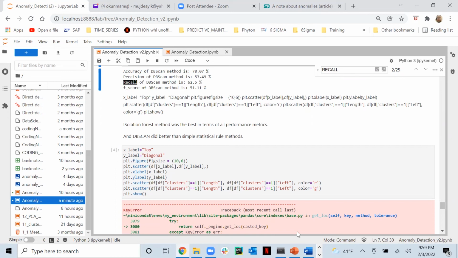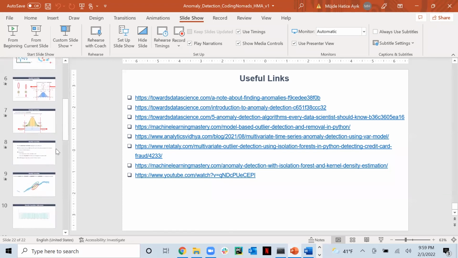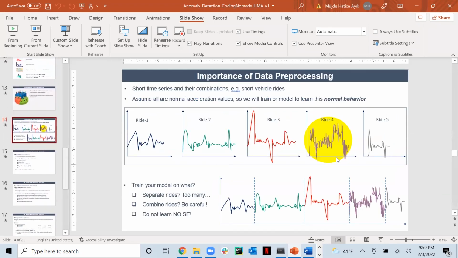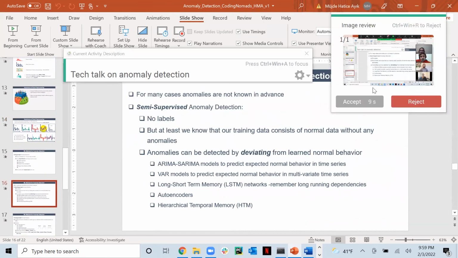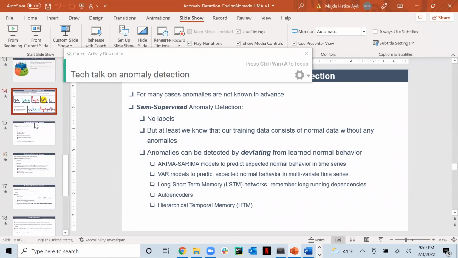If they are into that, there are really many resources and many methods. They can just start with one of those machine learning techniques.